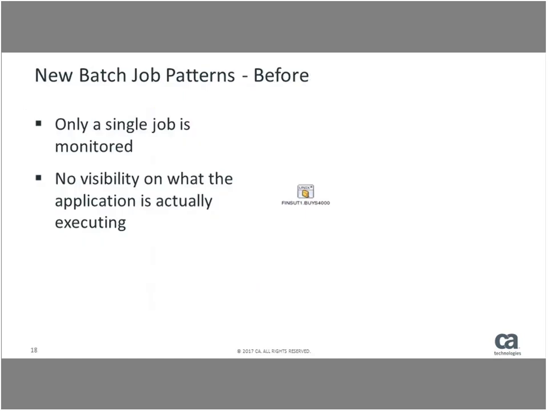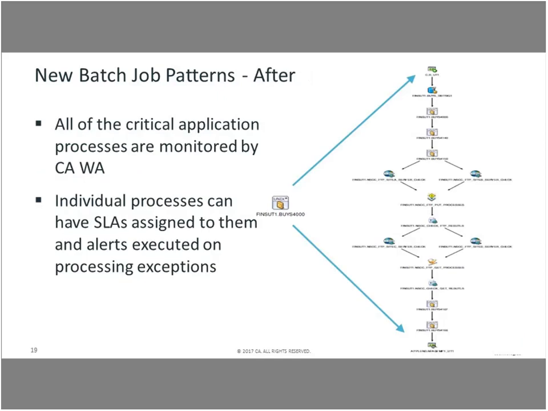So the idea here is, before the new pattern, you had one single job that is monitored and really no visibility into what the application is actually executing. If you now look at a greater view of this, and this is probably not the best resolution, I have another slide after this, a smaller one, which will show it.